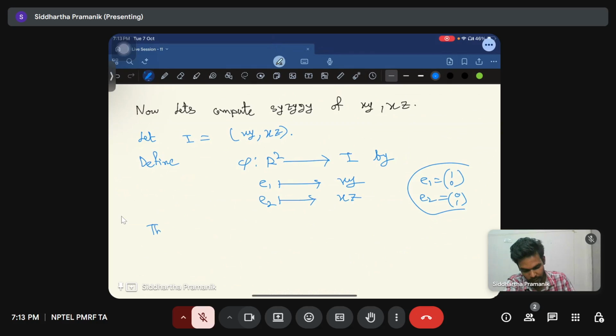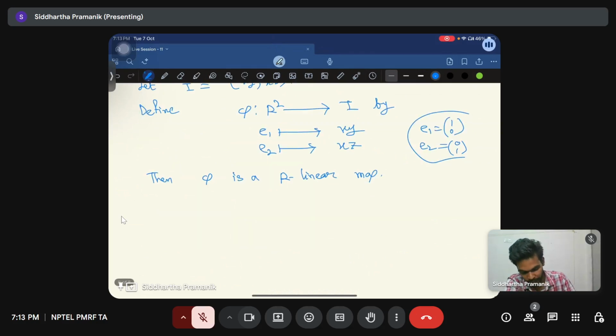So phi is an R-linear map. What is the kernel of phi? The kernel of phi is basically all R1 E1 plus R2 E2 belonging to R squared, such that phi of R1 E1 plus R2 E2 is 0.